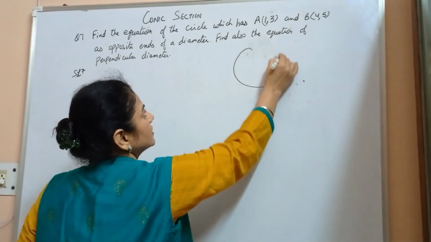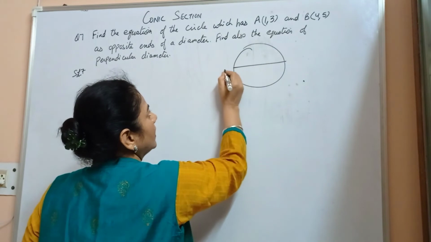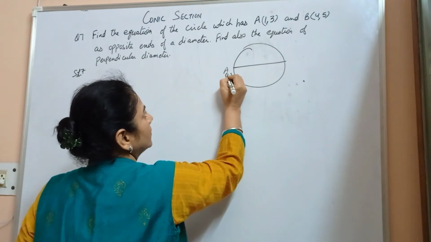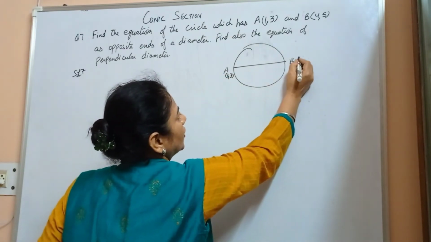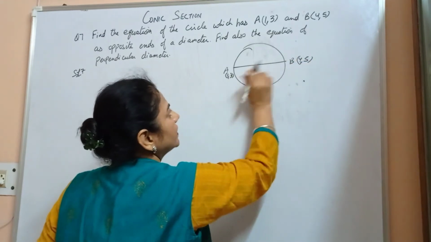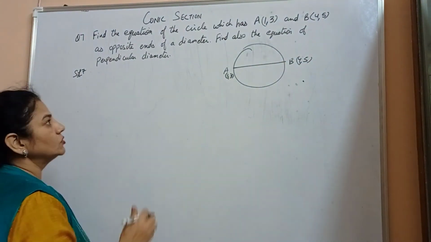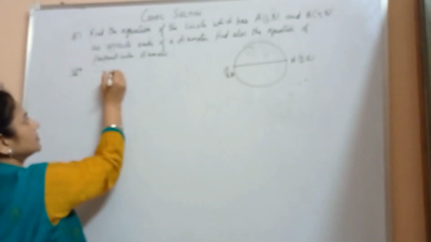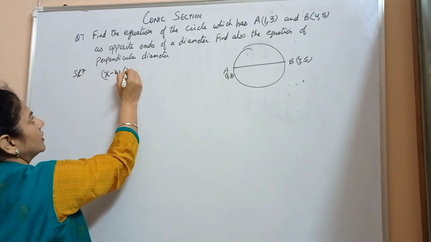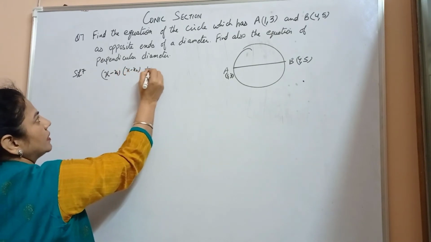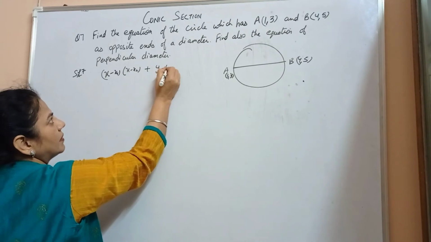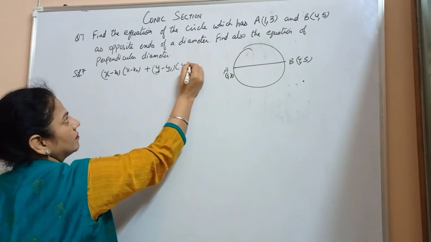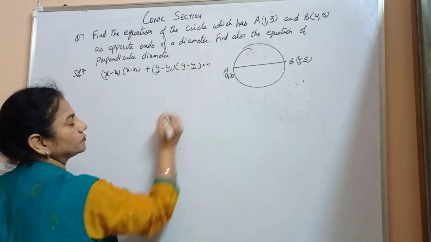So the diameter form of equation is x minus x1, x minus x2 plus y minus y1, y minus y2 is equal to 0.